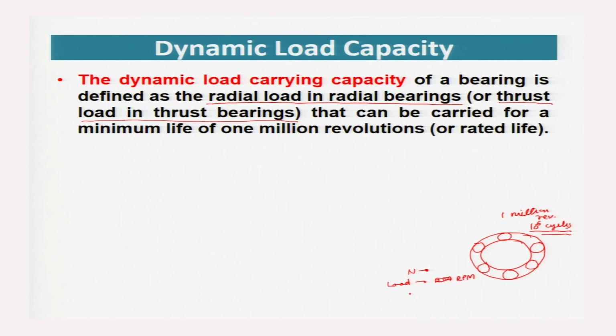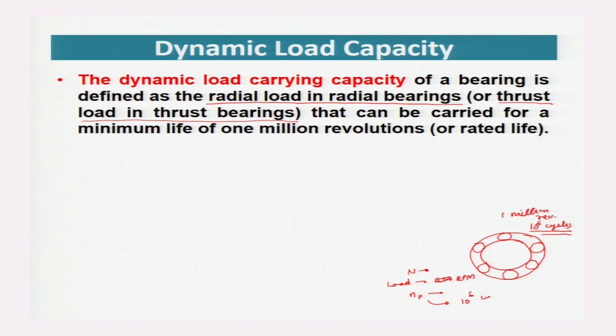Then the number of revolutions till 90% of the bearings are safe or 10% of the bearings have failed, and failure means evidence of fatigue crack or the initiation of crack.